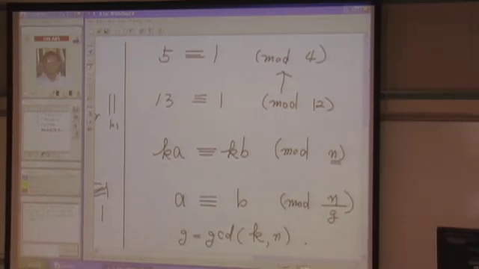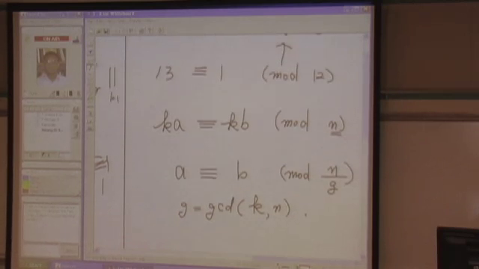So I'm just reviewing important things. Assume that N is prime. Then what can you say? The GCD of some number and a prime is usually 1, right? So in this case, when the modulus is prime, we can easily cancel out.